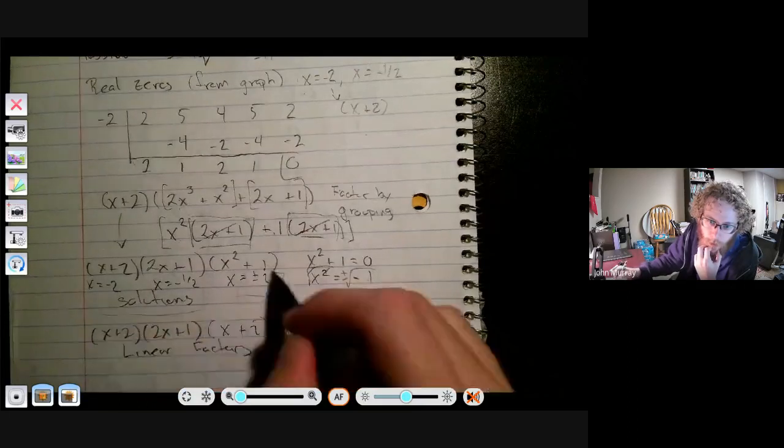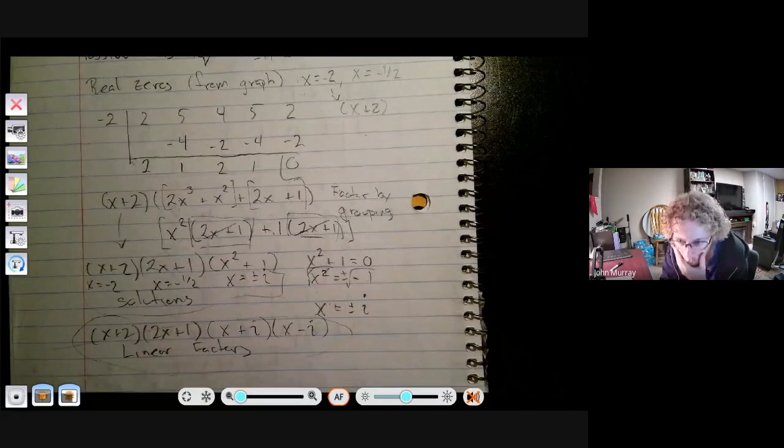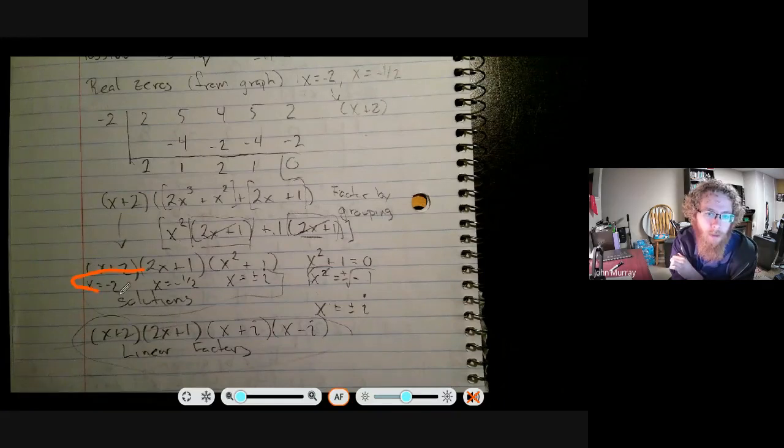So these are your solutions, and these are your linear factors. I forget how I asked it. Let me see. All I ask for are the zeros. So you just have to give me this stuff.